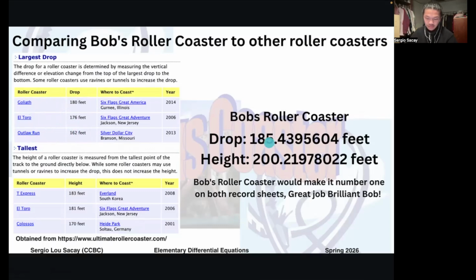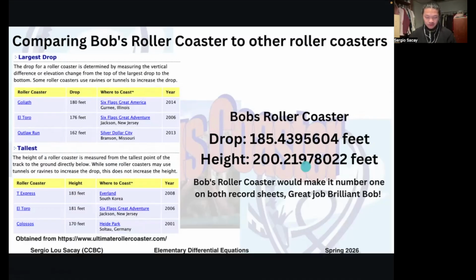So comparing the drop to Bob's roller coaster, it's actually 185 point decimals feet. So on the order, it's 5 feet more than this one. So good job, Bob. You made a taller roller coaster. I mean, a deeper, bigger drop for Bob's roller coaster.